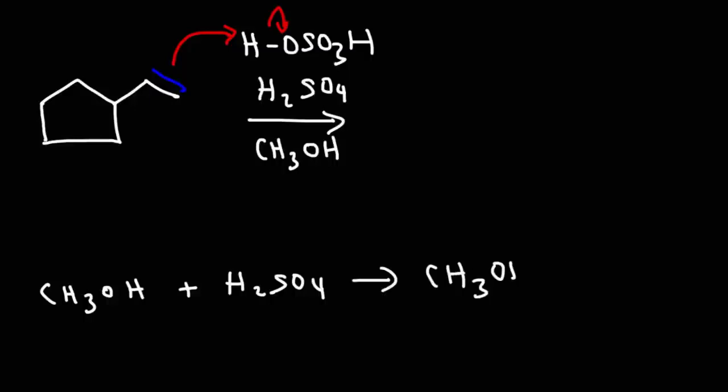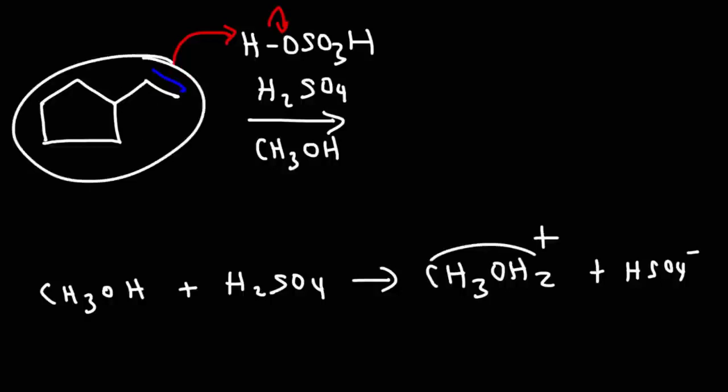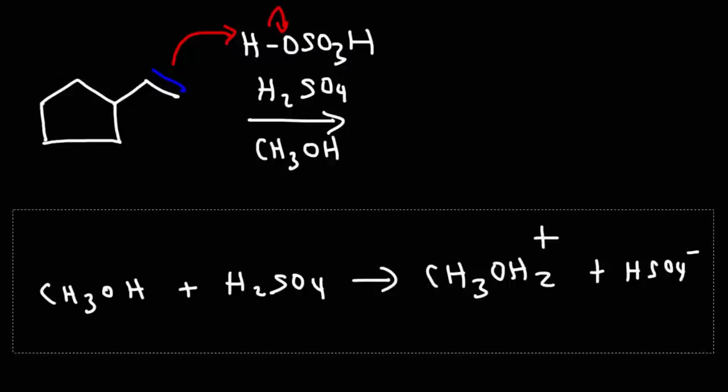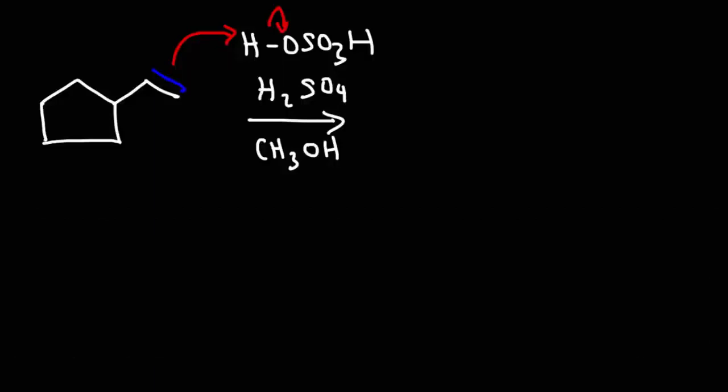And we can get the conjugate acid of methanol and HSO4. So this alkene can acquire a proton from that species as well. So there's more than one way to show the mechanism. Just keep that in mind.